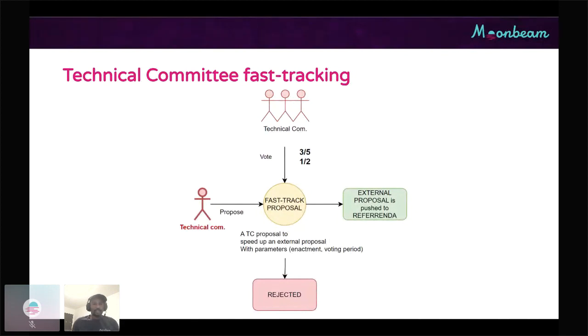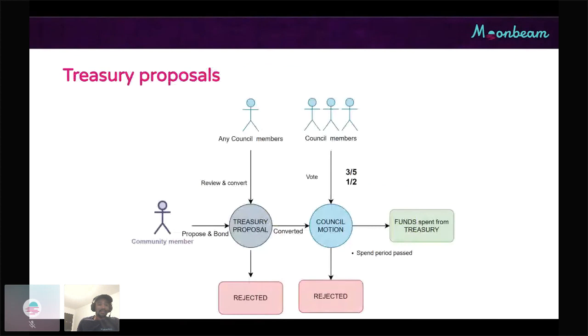And the last one is the Treasury proposal process, where any community member can propose a Treasury spending proposal. So the same thing, he has to propose and put a bond on this Treasury spending proposal. And then at this stage, any community member can decide to take this Treasury proposal and convert it into a motion.